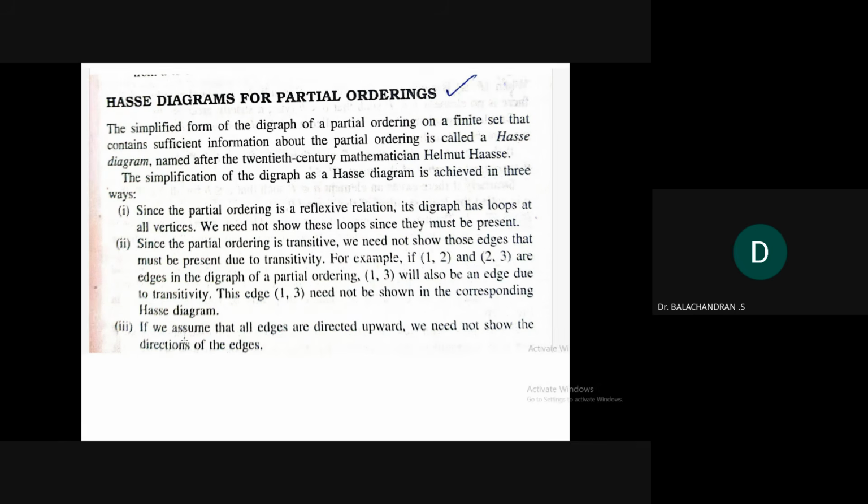Next, the third rule: if you assume that all edges are directed upward, we need not show the direction of the edges. So the Hasse diagram representing a partial ordering can be obtained from its diagram by first removing all the loops, by removing all edges that are present due to transitivity, and by drawing each edge without an arrow so that its initial vertex is below its terminal vertex.